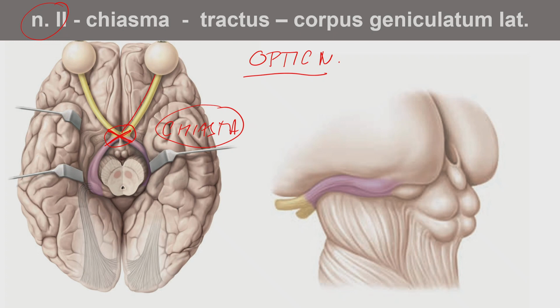So typically when you have this field, it's from this part of the retina and this part of the retina, and those fibers are going to the other side the same way.